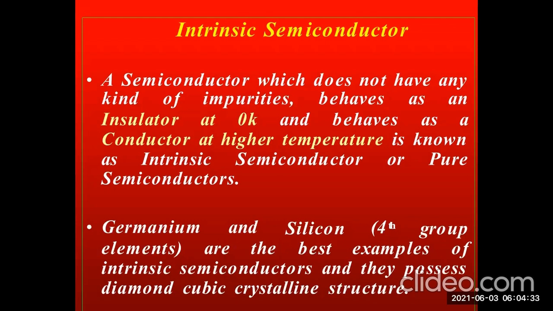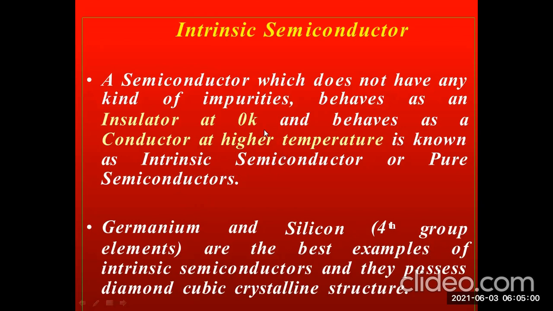A semiconductor which does not have any kind of impurity will behave as an insulator at 0 Kelvin. At 0 Kelvin it is behaving as an insulator, and it behaves as a conductor when you increase the temperature from 0 Kelvin to a higher temperature. It is known as an intrinsic semiconductor.